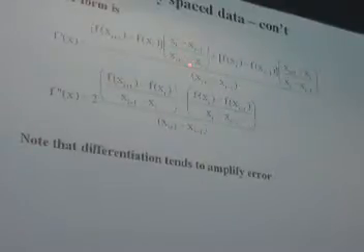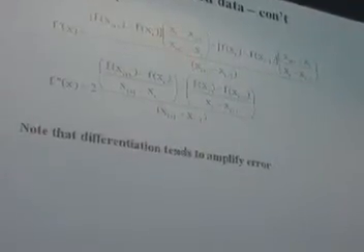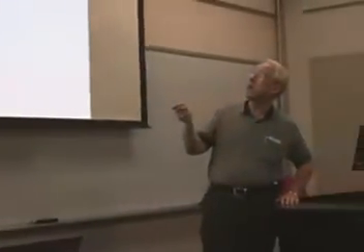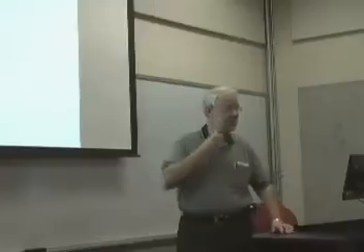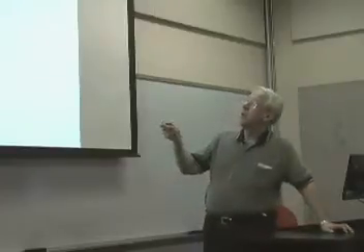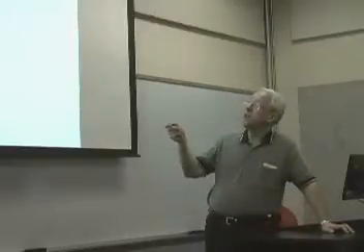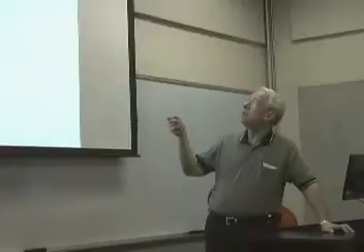What happens if the intervals are the same? That is, the x i plus 1 to x i, x i to x i minus 1. What does this collapse to? Yeah, what do we know? What happens? Well, if those intervals are the same, that's 1.